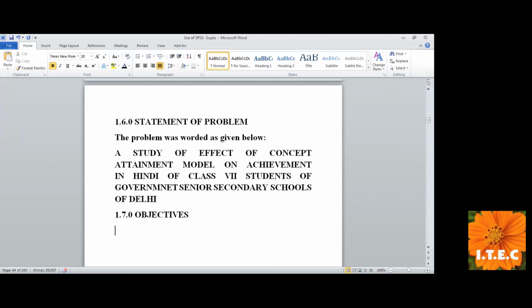It is quite possible that when you were conducting the research, you modified some of your objectives. So here you can write those modified objectives, no problem at all. The objectives in the proposal were only proposed, but you can change them also. So you can say the following were the objectives.